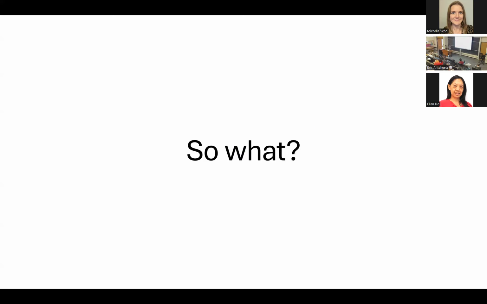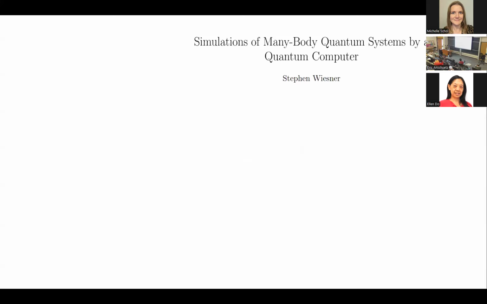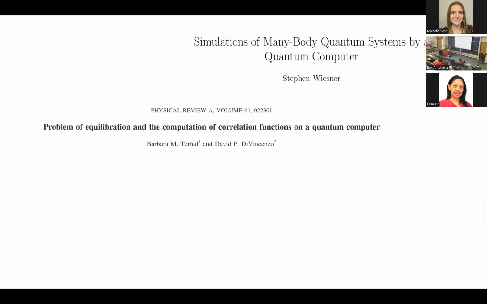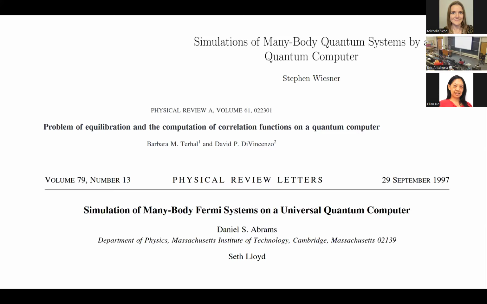Okay, so what? This is some new model of computation. Well, as I alluded to earlier, there are some simulation problems that are really interesting to physicists that you can actually come up with quantum algorithms for. So algorithms that run on these quantum computers very efficiently that can simulate these systems that we don't really know how to efficiently simulate using traditional algorithms.